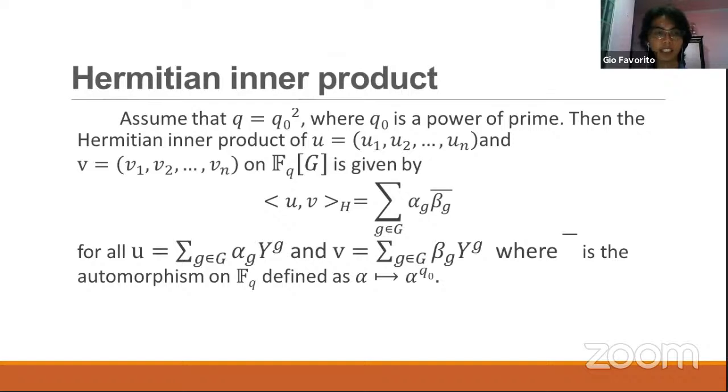Ito yung na-represent natin kanina, which is yung vector spaces and yung basis. Then kukunin lang natin yung alpha sub g and beta sub g.